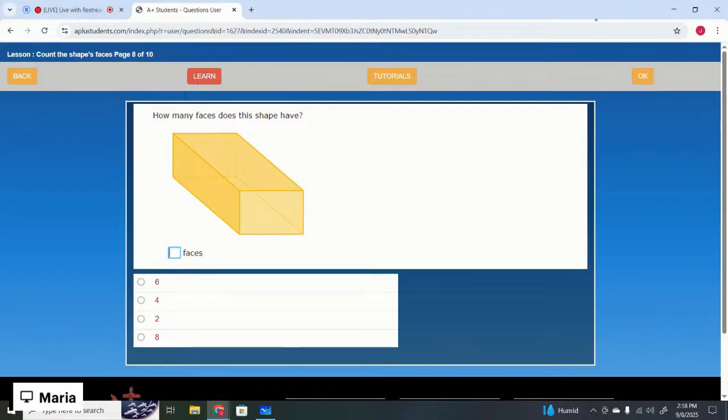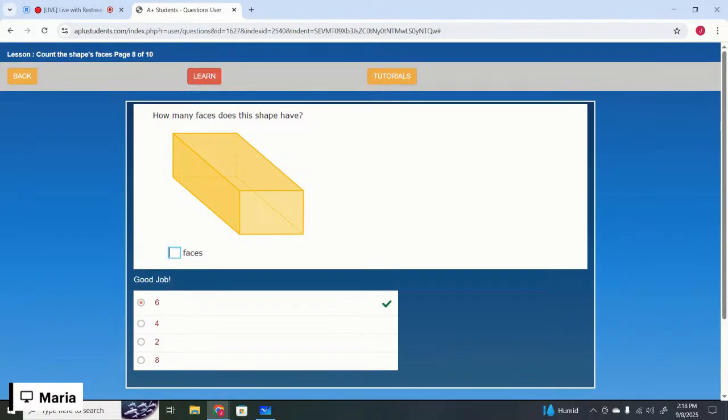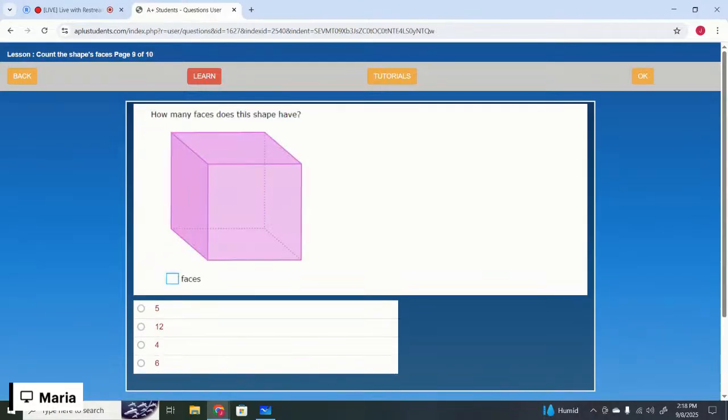Yes, the shape has six faces. Six faces. How many faces does this shape have? Yes, six faces.